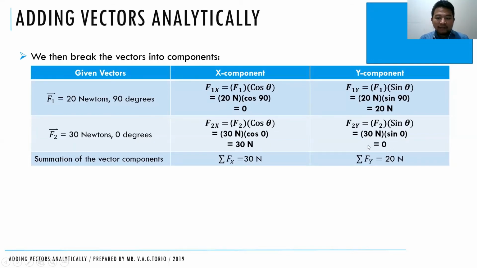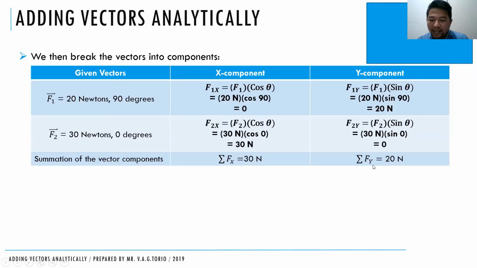The next step in this calculation is to get the sum of each of the components x and y. So the components f sub 1x and f sub 2x will add up to 30 newtons. The symbol sigma here represents summation of the forces along x for f sub x, and sigma here again is summation of the forces along y.